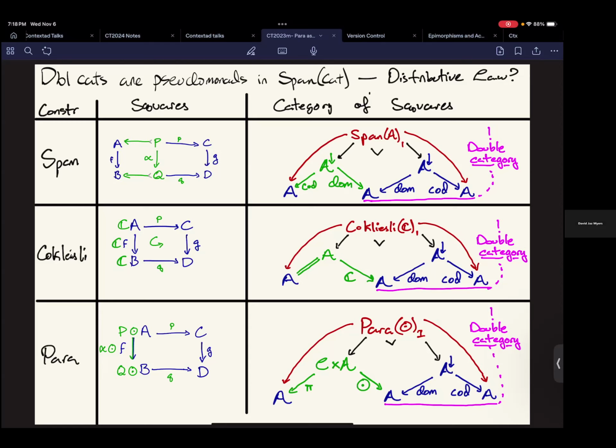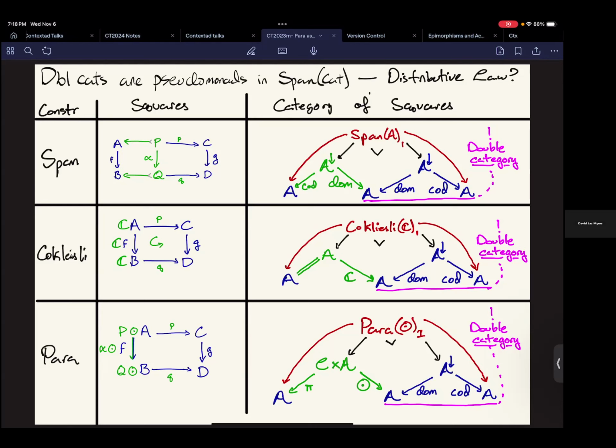In all these cases, we get this composite of spans, and the right-hand thing is constant. It is a span in categories which underlies the double category of commuting squares in A, and those commuting squares in A show up on the left-hand side as the blue squares.